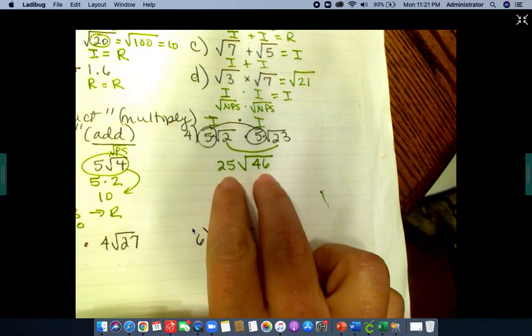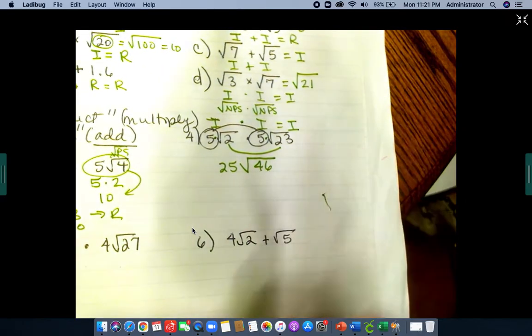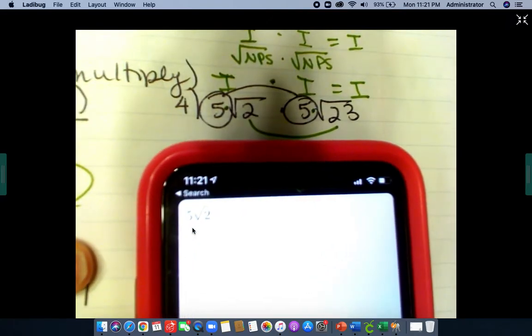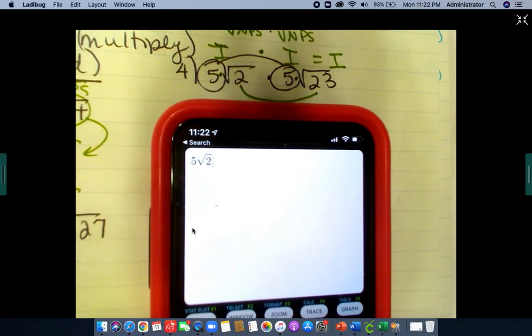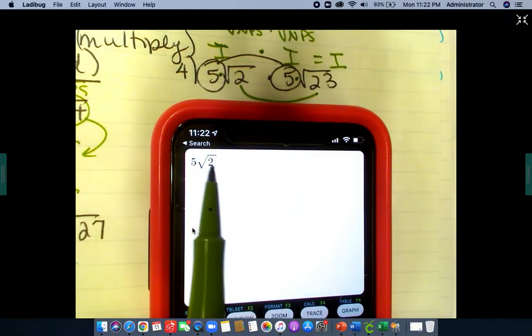Because the product here is not a perfect square, I'm just going to end up with an irrational value. And I can verify that, of course, in my calculator. Could I type all of it in my calculator? Sure. I could do 5 square root 2. When I type in 5 square root 2, notice that my red bar is still under the radical.